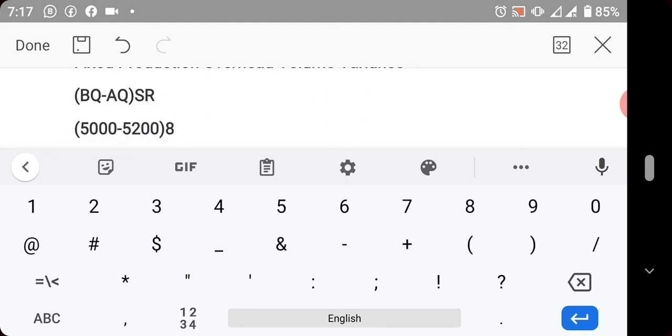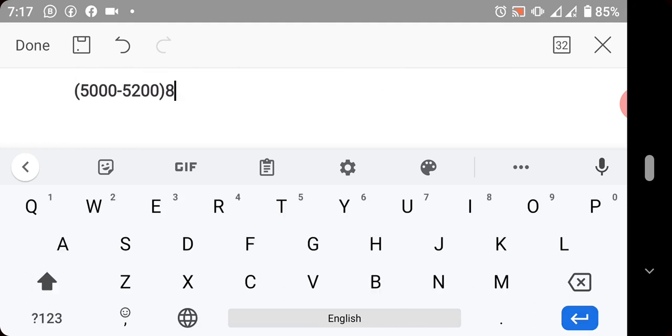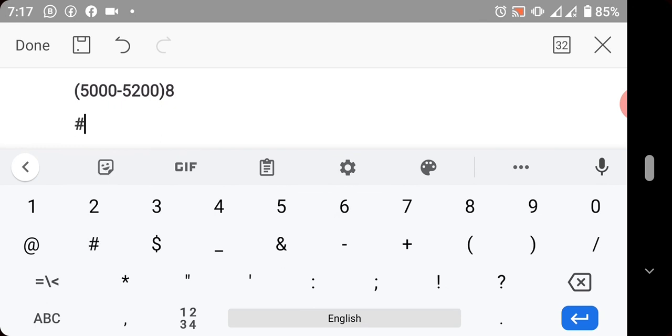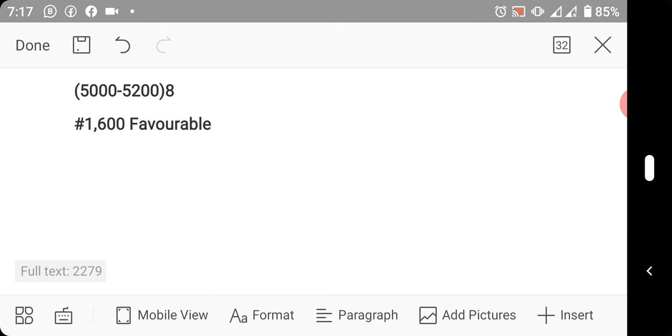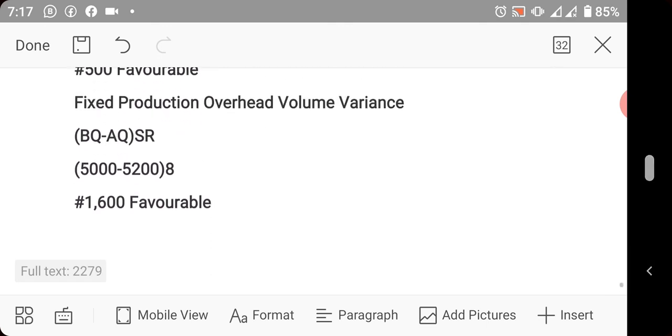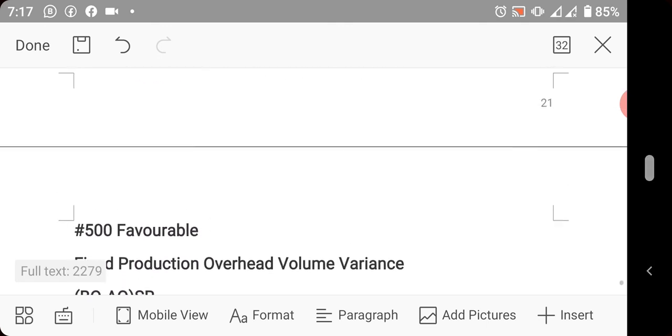Now, you budgeted to produce 5,000. You ended up producing 5,200. It is favorable because that means you had an increase in demand. So that 1,600 is favorable. So you come here, answer 1,600 naira. And it is what? Favorable. Since it is favorable, we have our answer.